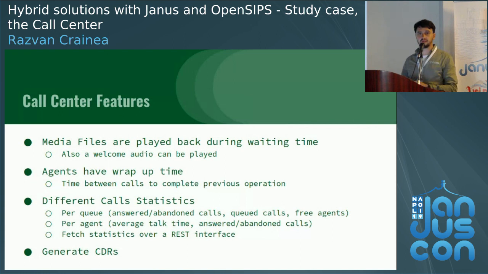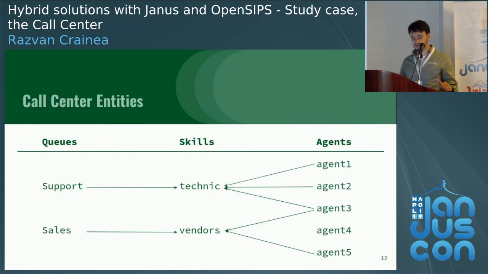The module can also generate CDRs, for example, how long a user is waiting, or the average time of a user waiting in a queue. So it's very easy to build your own statistics based on these CDRs. It's just post-fact statistics.